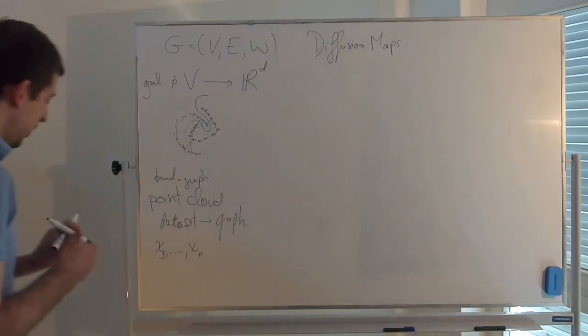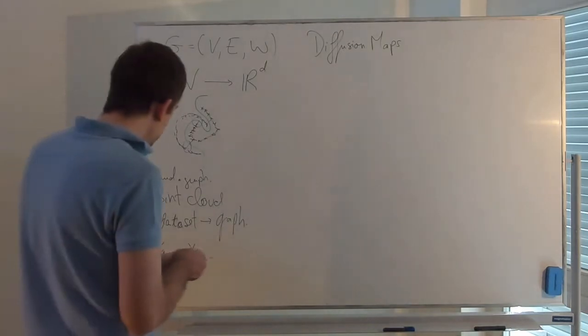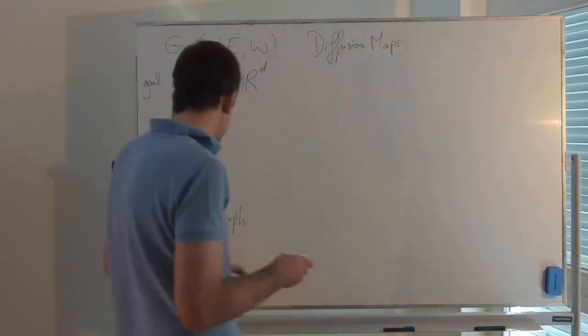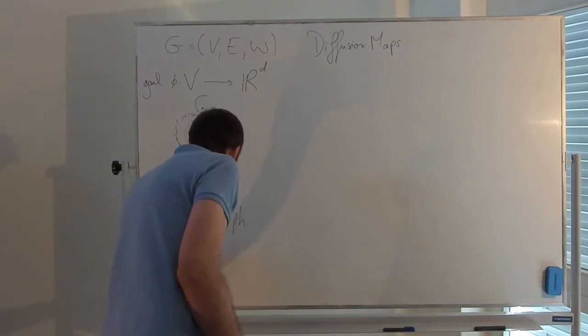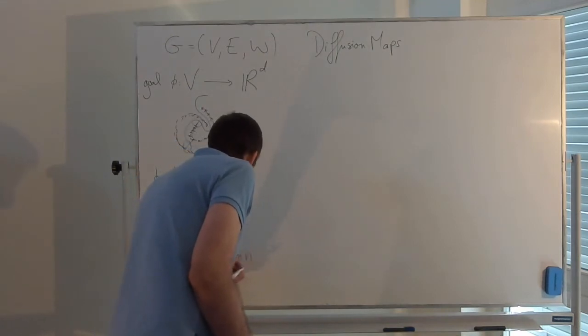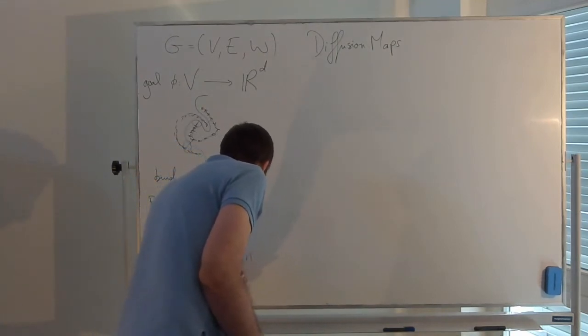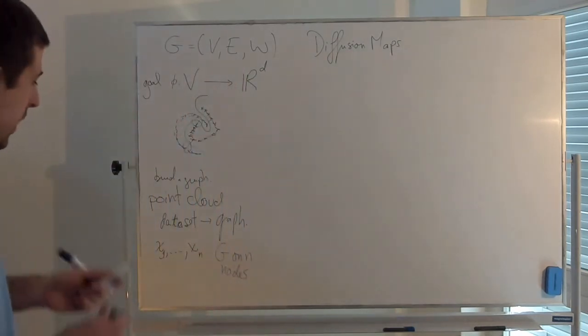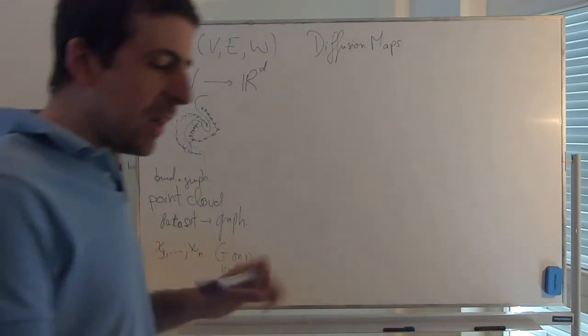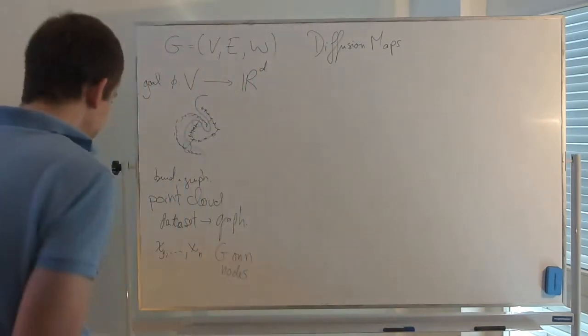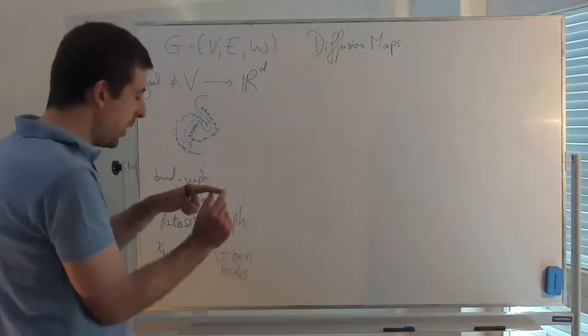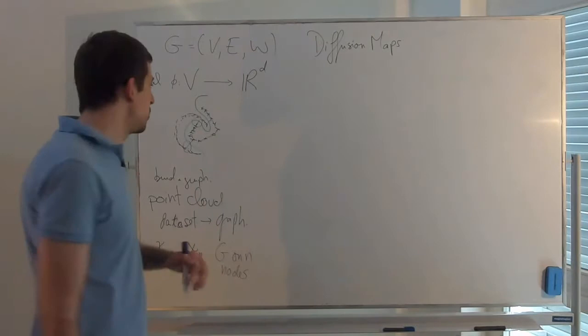We did this for spectral clustering as well. And now we build a graph G on n nodes, where the weights are given by some kind of kernel. The weight is very big if the points are very close to each other.